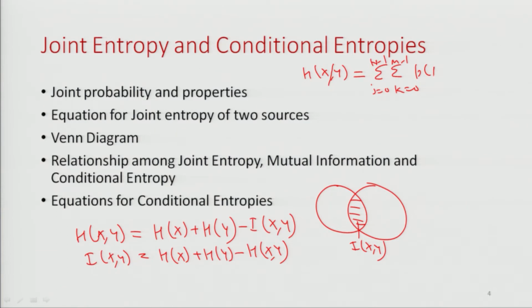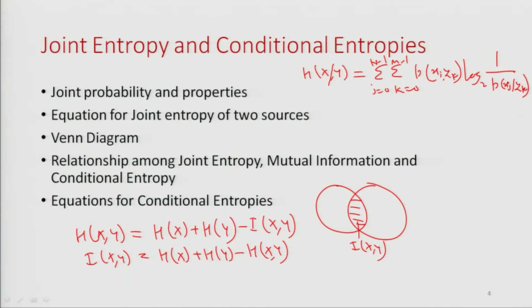It is given as P(xj, yk), the joint probability, into log of base 2, 1 upon P(xj upon yk), that is the conditional probability. Okay. This we have proved already for entropy H(X|Y), entropy of x when y is known.